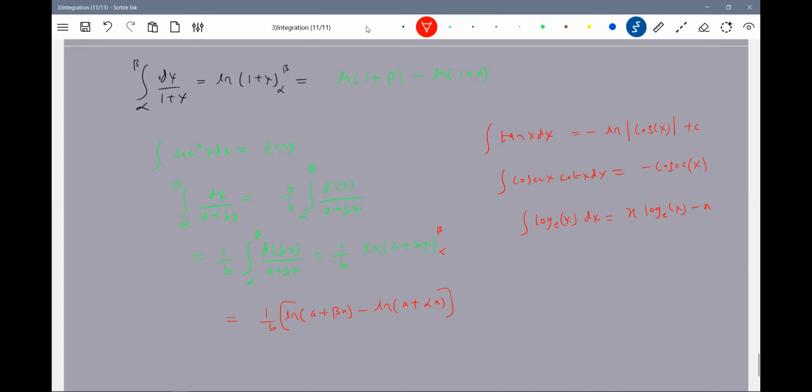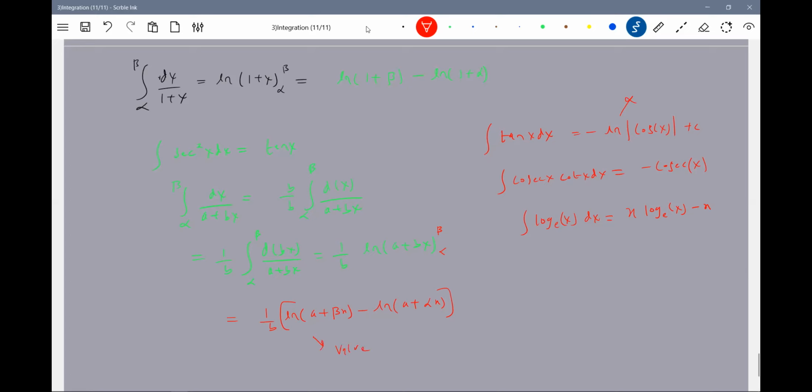But what is our basic thing? Area under the curve is integration. Area under the curve is the value of the integral. And there are two types of integrals: definite and indefinite. Indefinite will lead to a certain expression. Definite will lead to a certain value. So what you're getting here is an expression. If you put limits and solve, you'll get a value.